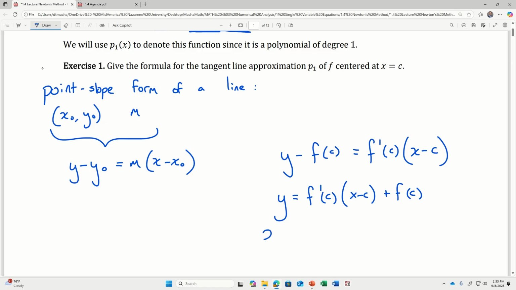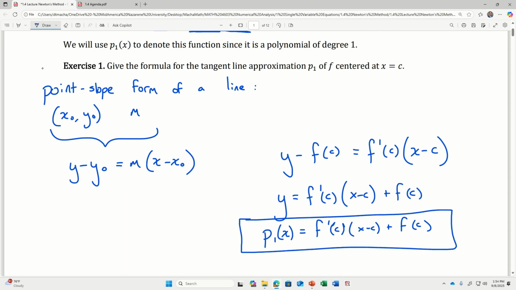Or you could write it as P1 of x is equal to this. That's the first degree Taylor polynomial of the function f centered where x is equal to c, or you could call it the tangent line approximation.